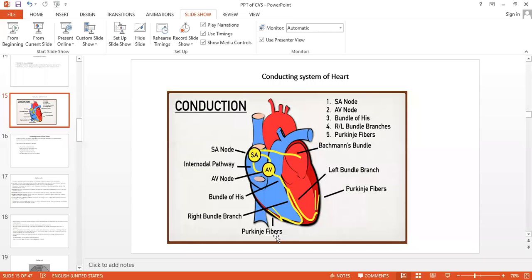This is overall the conduction system. One beat is one cardiac cycle, which lasts for 0.8 second.